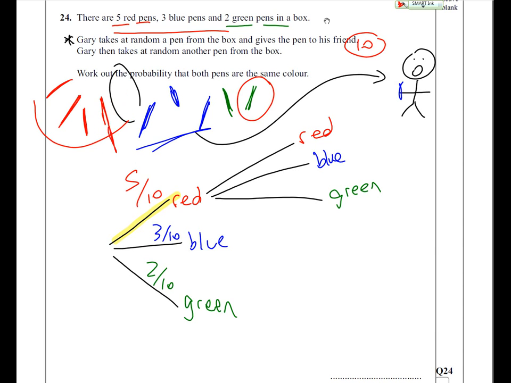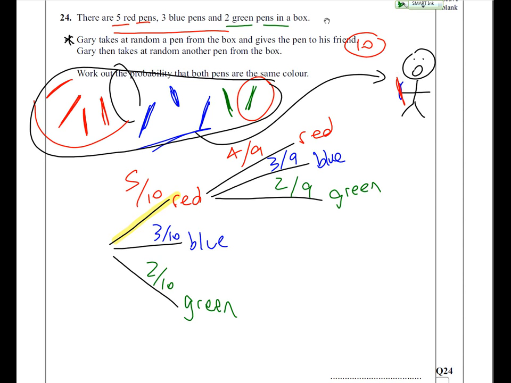Right, so we grab a red pen, we give it to our mate, okay, happy as Larry, and look what you've got left now. How many reds have you got left now you've given one away? 4. How many pens are there in total? Well, you had 10, you've given one away, 9. How many blue pens are left? 3 out of 9. How many green pens? 2 out of 9.